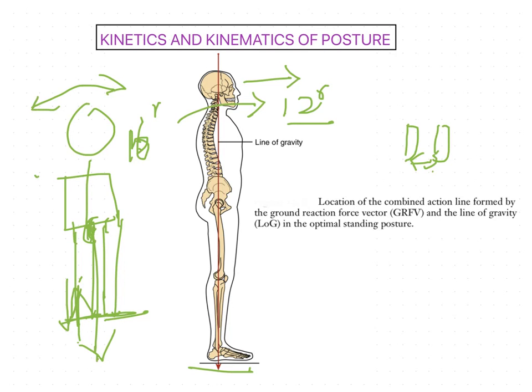Now, the other external force is the ground reaction force. I have already explained this. Whenever the body contacts the ground, the ground pushes back on the body. That force is known as the ground reaction force, GRF, and the vector representing it is known as the ground reaction vector.